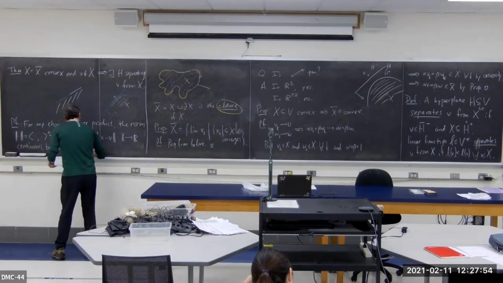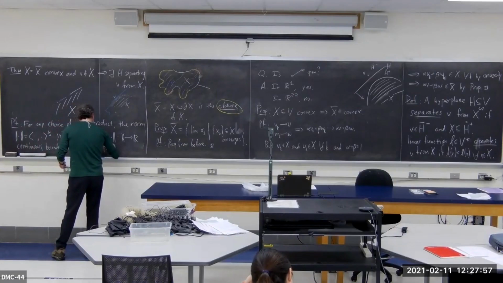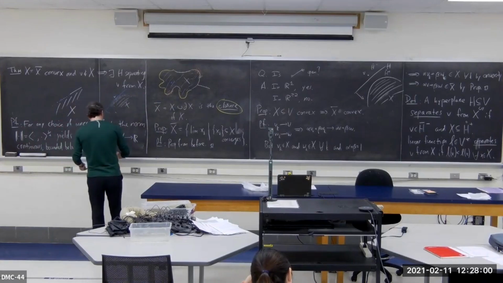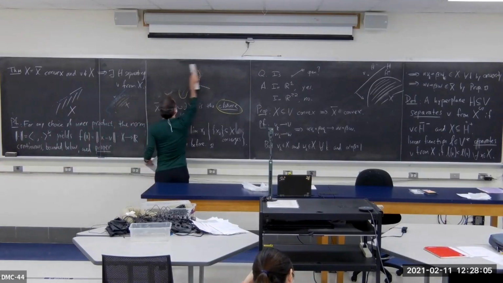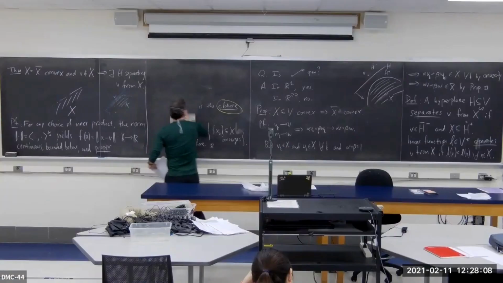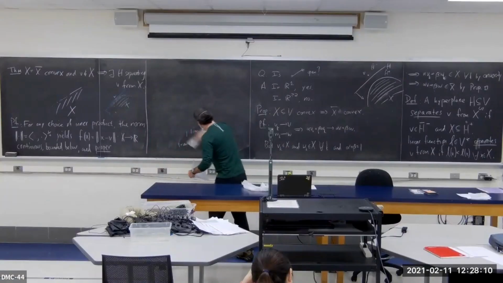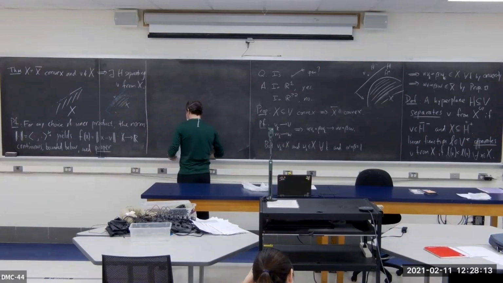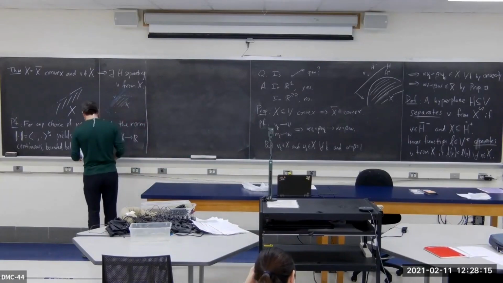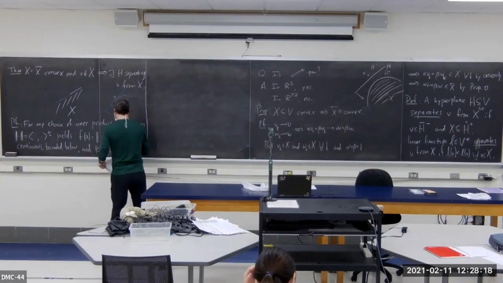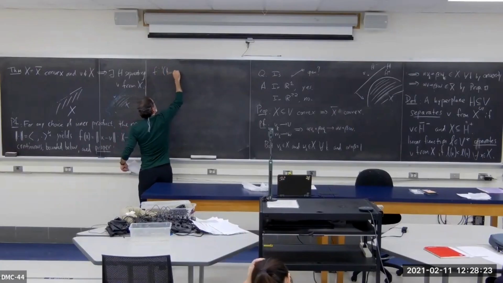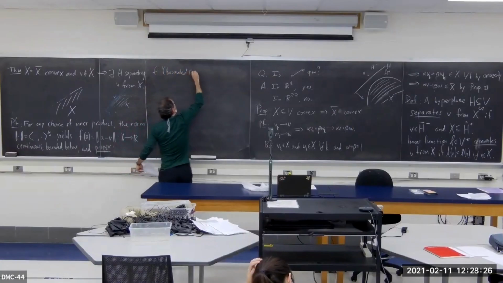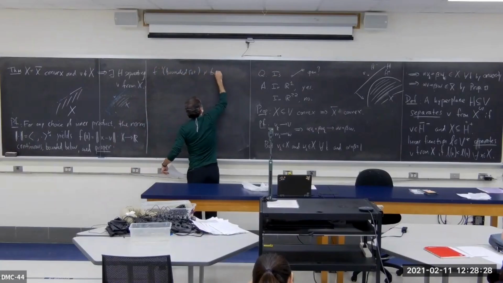And what's called proper. Proper means that the inverse images of bounded sets are bounded. So proper means that f inverse of any bounded set is bounded. Why is that true?